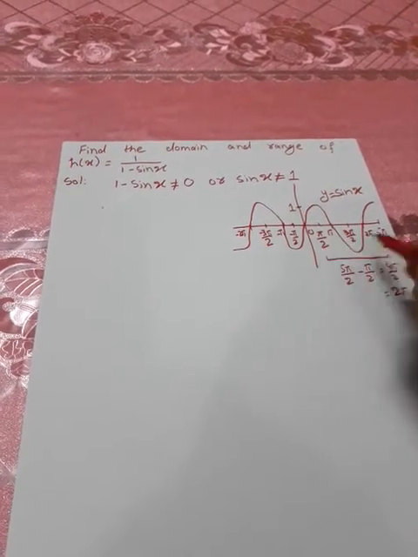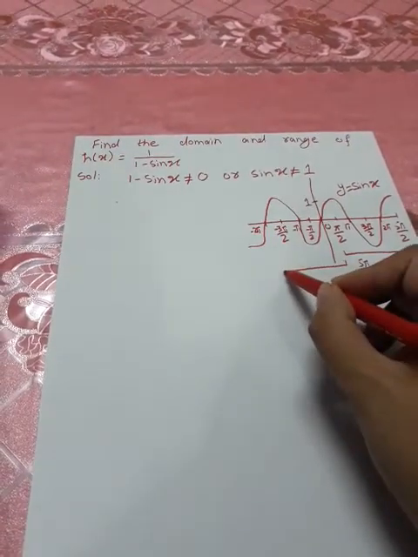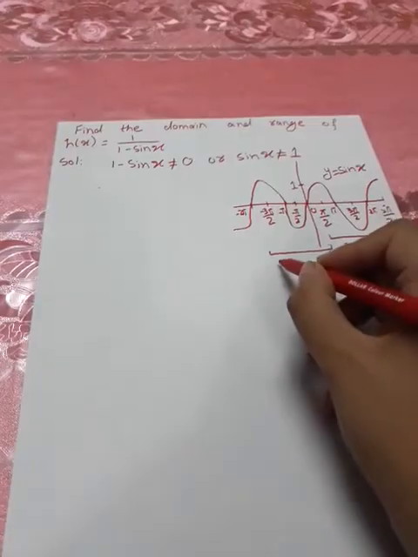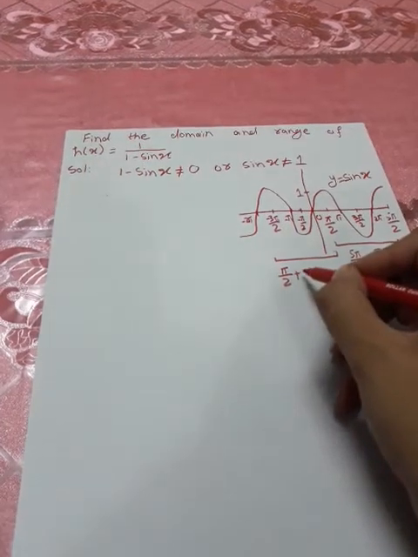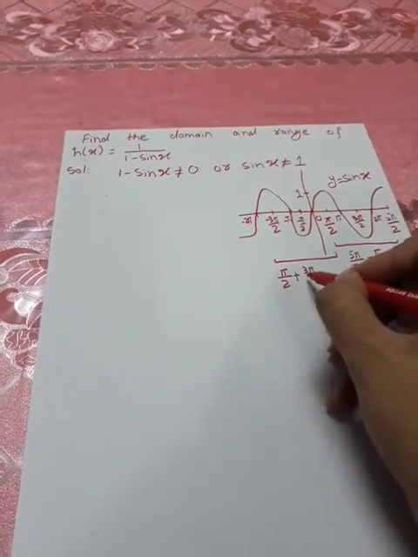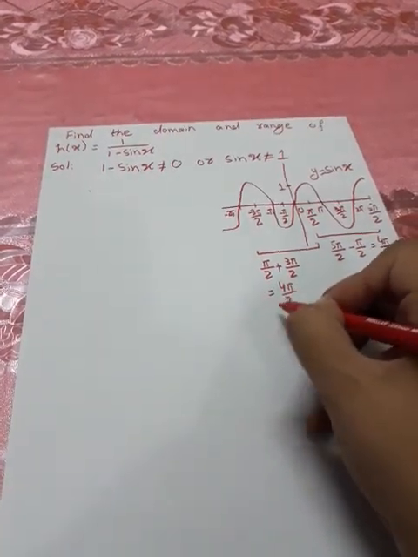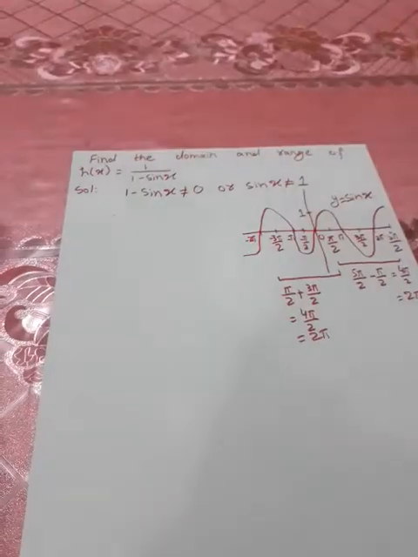So the difference of these 2 points is 2 pi. And the difference of the 2 points pi by 2 and minus 3 pi by 2: minus minus becomes plus. So pi by 2 plus 3 pi by 2 is equal to 4 pi by 2, which is 2 pi. So the difference between these 2 points is again 2 pi.